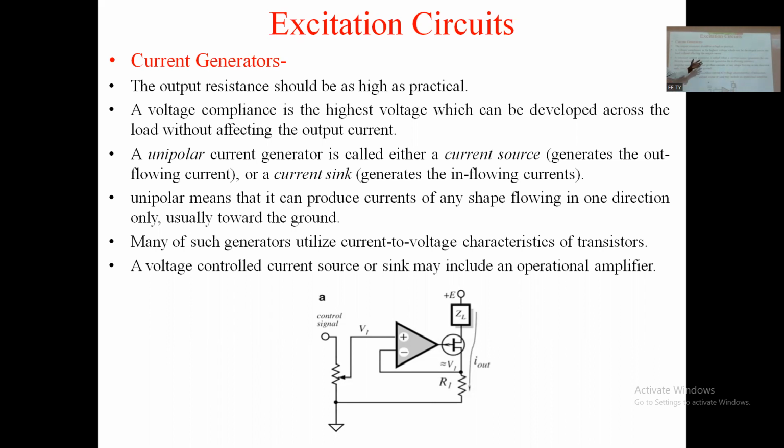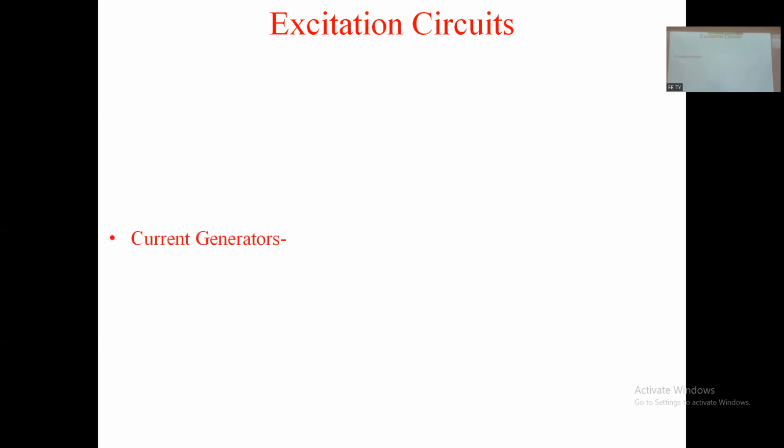Again, this circuit is made by using an op amp. Here it is resistance, now grounded. Here it is resistance, and after that here it is the current generator. This circuit will be implemented using an op amp, that is, an operational amplifier. So this is a current generator, which is used for an active type of sensor to enable its operation.